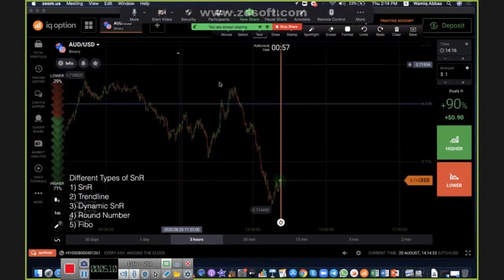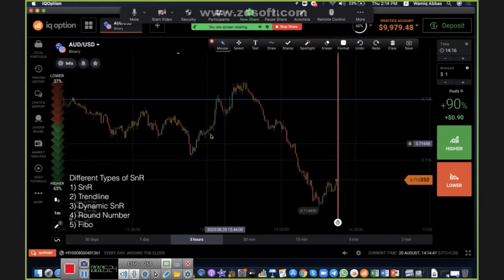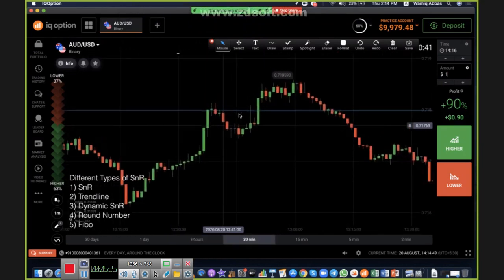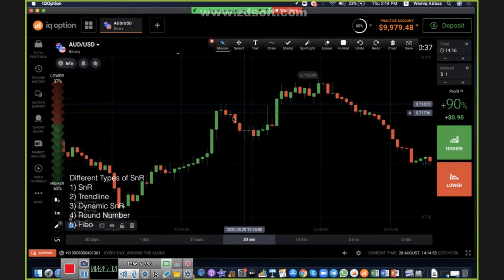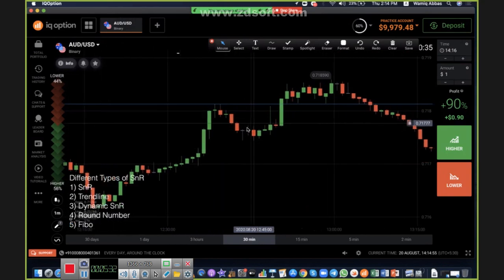Before discussing trend line and dynamic SNR, I just wanted to say one more thing. For example, when you have this line over here, look at this, guys. This is a resistance line, correct?